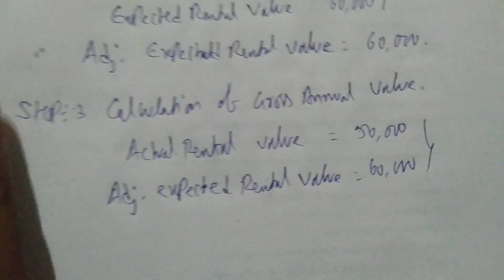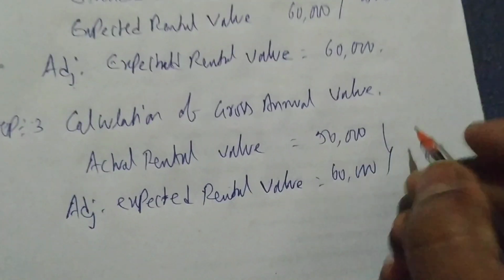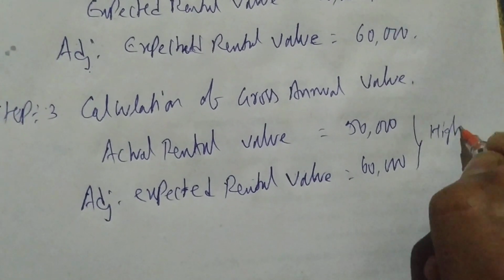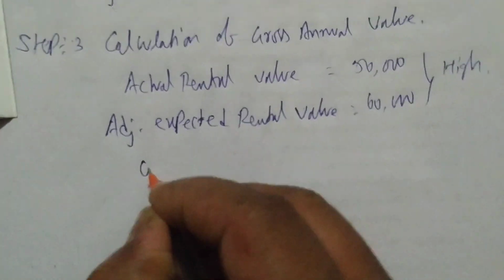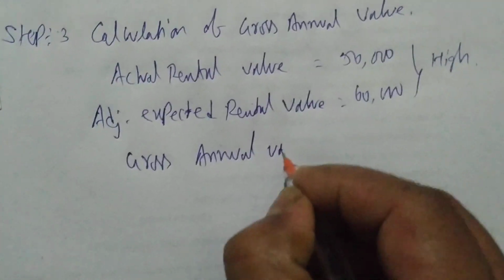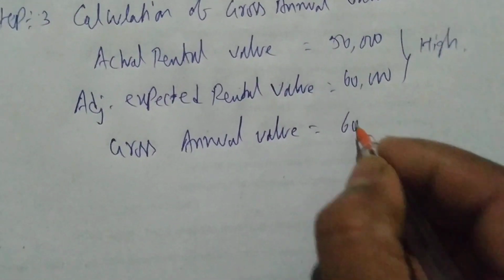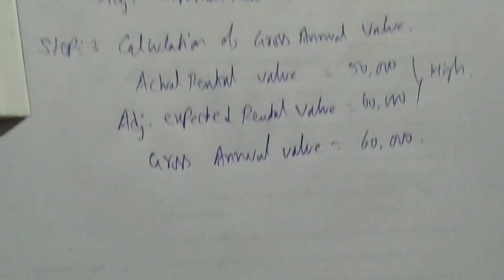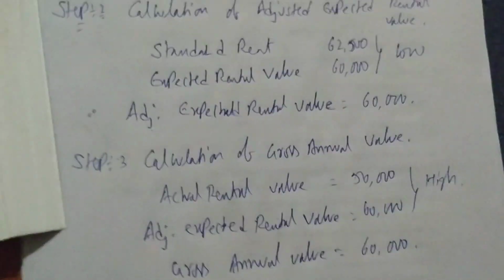Between the two, what is high? High is 60,000. So gross annual value is 60,000.